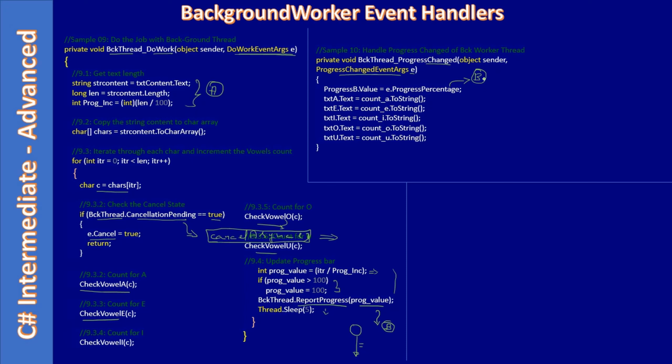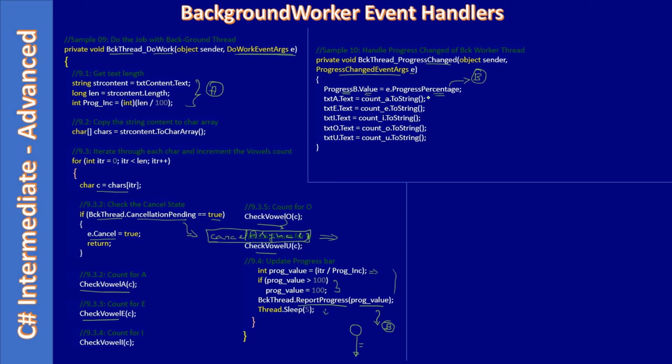But this we updated from the background worker component, I mean in the background thread, and here in the main thread we are receiving the same value. So this is the progress percentage, and if you see, for ProgressBar.Value we are setting e.ProgressPercentage. Whatever we are reporting there, that we are setting here.